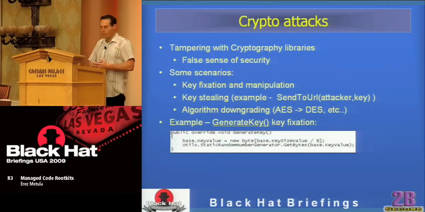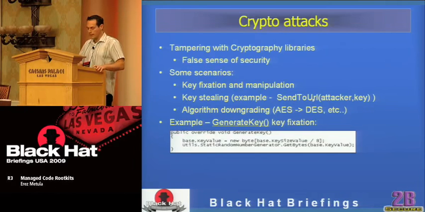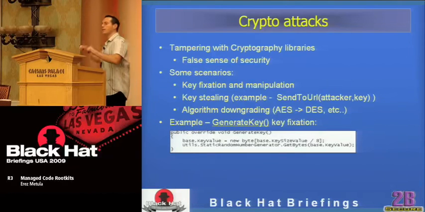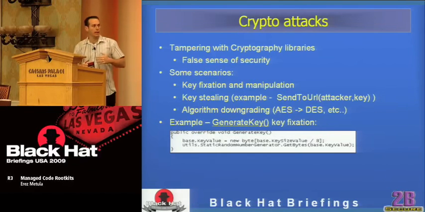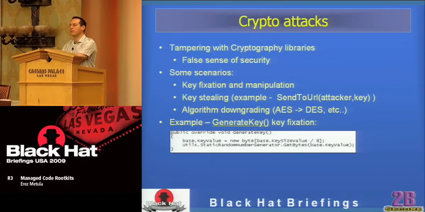So, for example, down here I can see an example of generate key. Generate key is an internal method that will generate a session key, for example, using the PRNG, so that the application will just ask, give me an encryption key, and it will be given using this method.